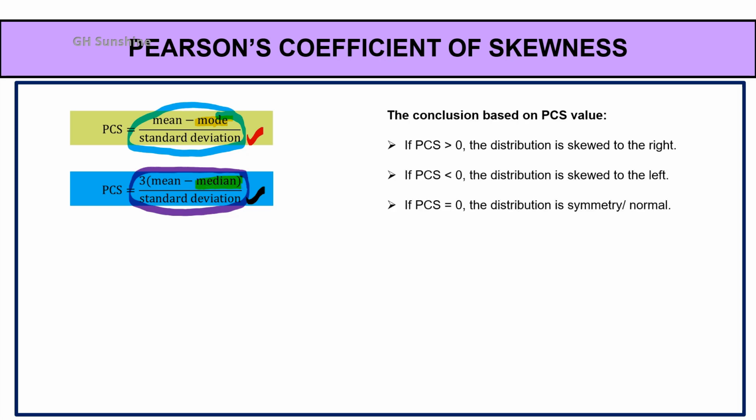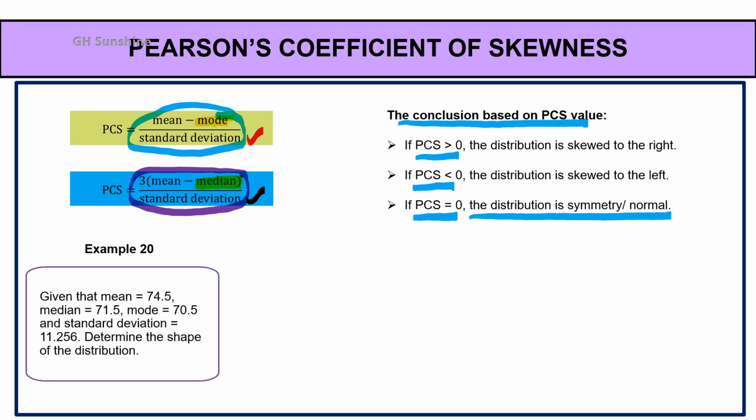The conclusion is based on the PCS value. If you get a positive value, the distribution is skewed to the right. If you get a negative value, the distribution is skewed to the left. And if the PCS value is exactly 0, the distribution is normal.